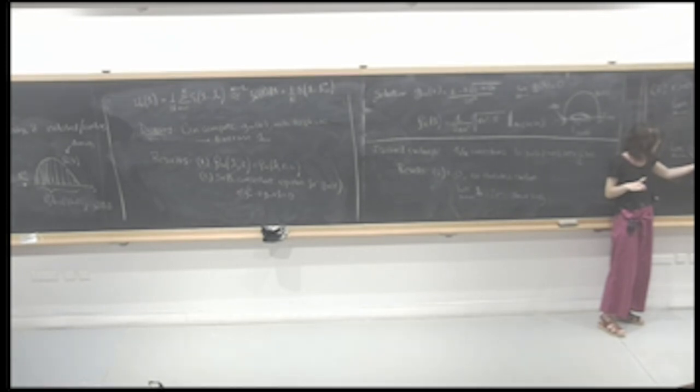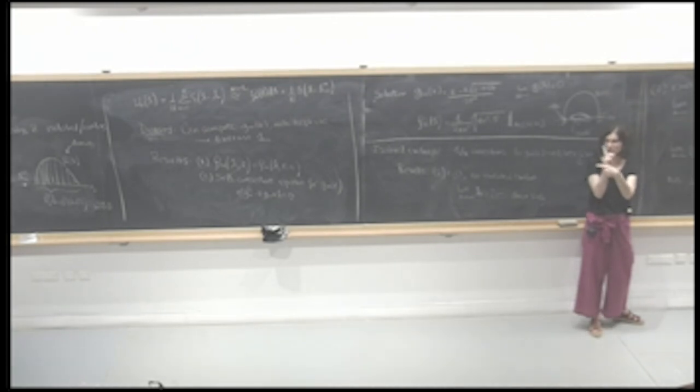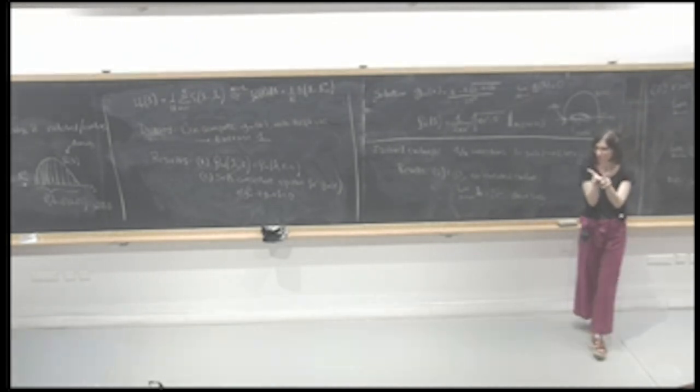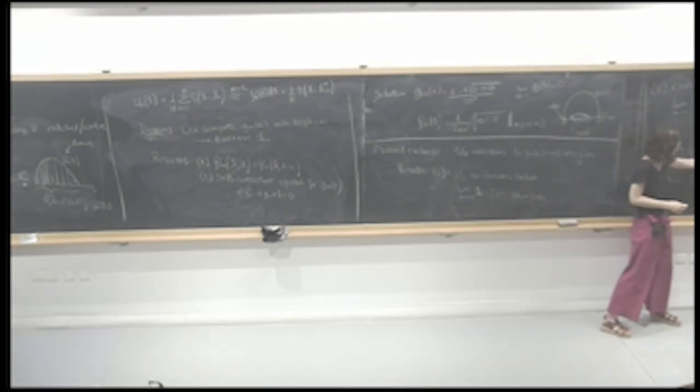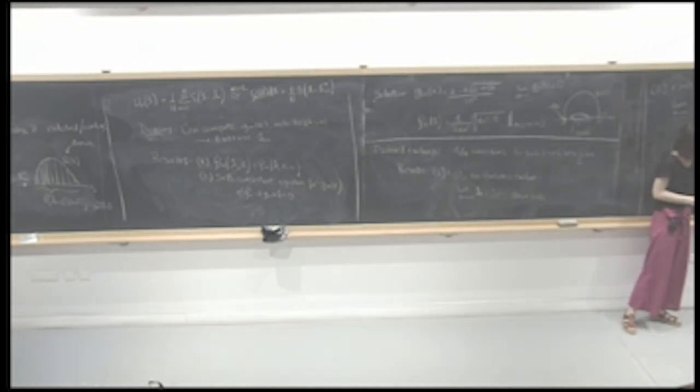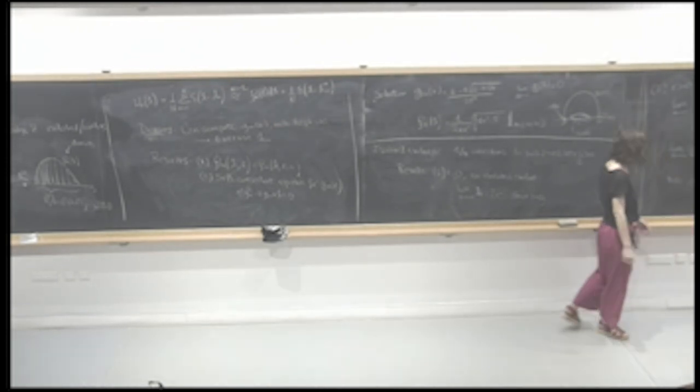So if I ask what is the typical overlap between a vector that I fixed and a random vector chosen uniformly on the sphere, I can do the average and I will find that this is 0. So this is consistent, it's really what I expect. And this remains true even if R is non-zero, but small enough.